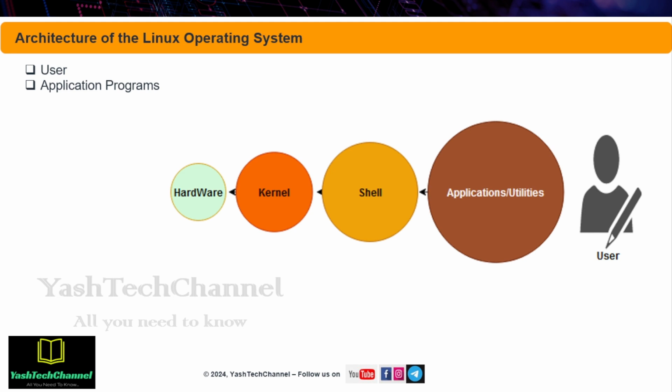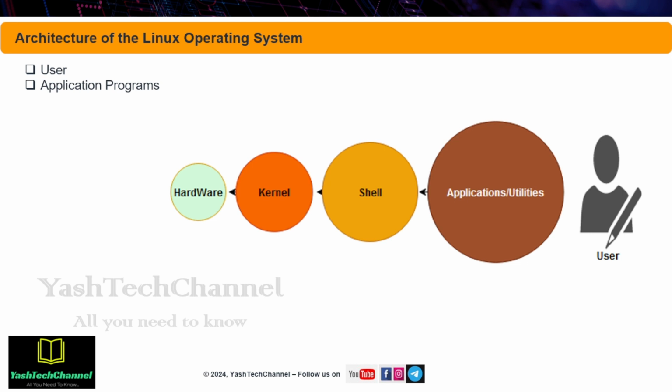For example, glibc, the GNU library, and some of the programming languages. Why do you need this? To abstract the low level hardware details and enable application developers to write portable code, right? This is an important aspect of applications.